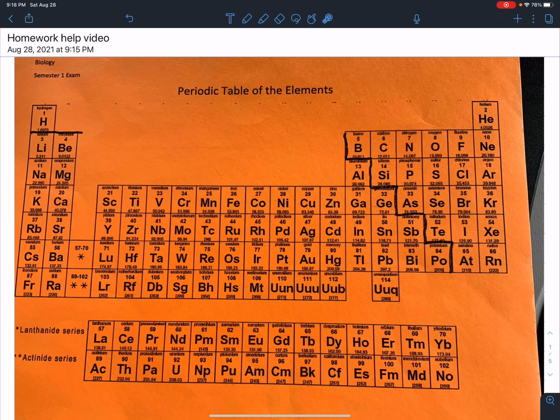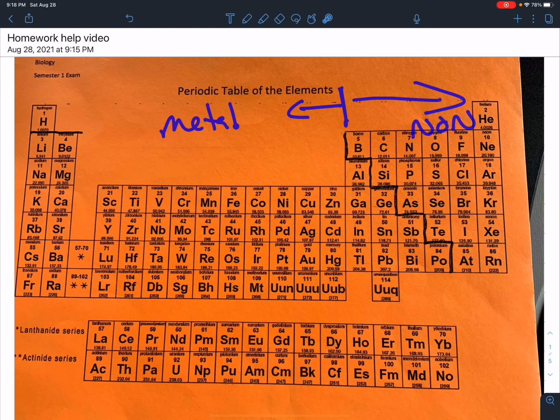Other things we've noticed about the periodic chart is this staircase. We're going to need to use this to make predictions about where the nonmetals are located on the periodic chart versus where the metals are located. So you'll notice that the staircase is a separation, and things to the right of the staircase are the nonmetals, and things to the left of the staircase are the metals.